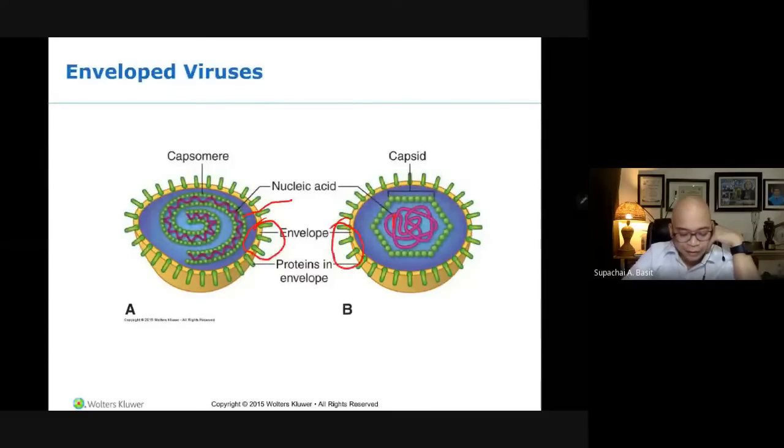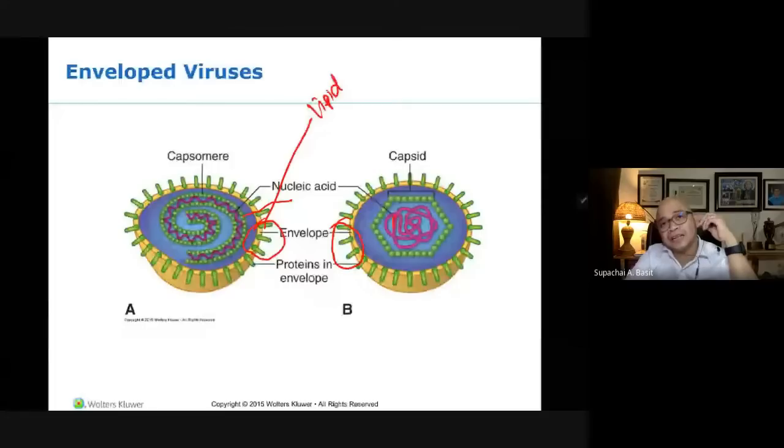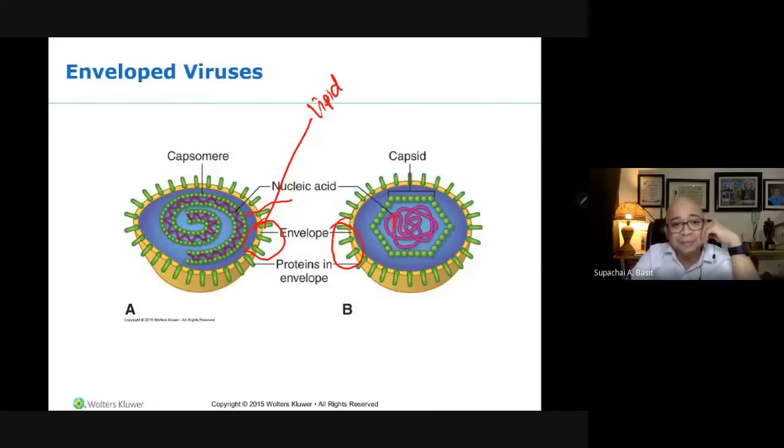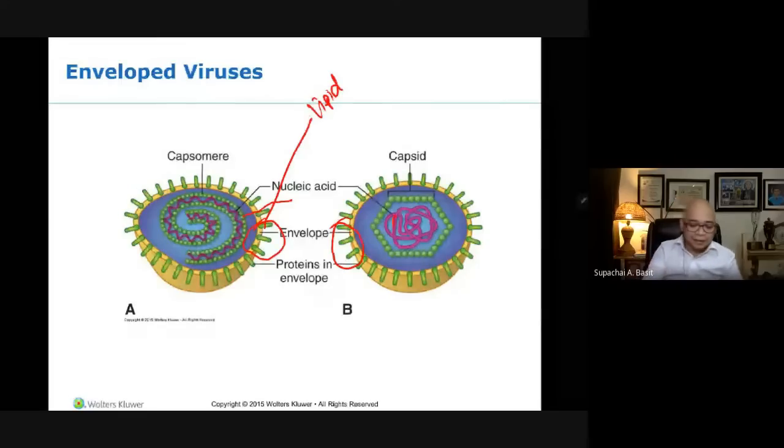The envelope is actually lipid, and it is not coded by the virus, but instead it buds off from the host cell membrane. Proteins in the envelope are also present. Sometimes we call them the spike glycoproteins.